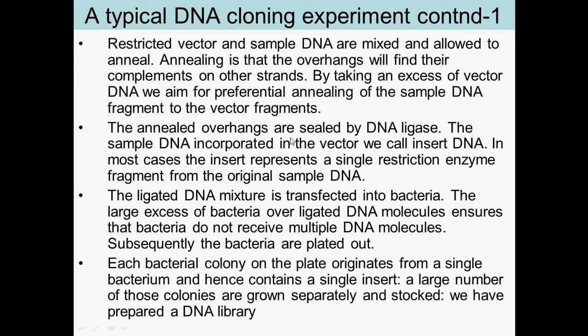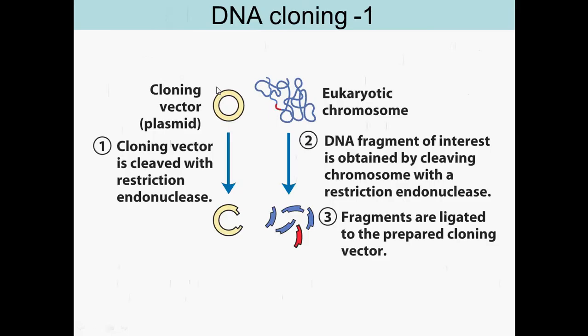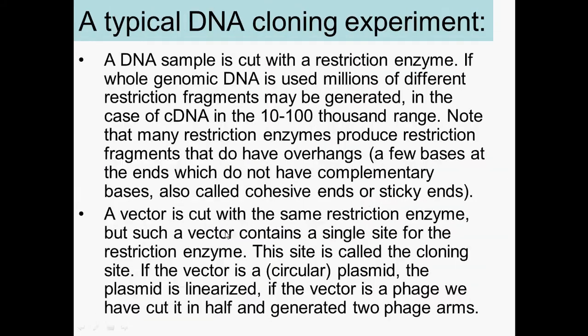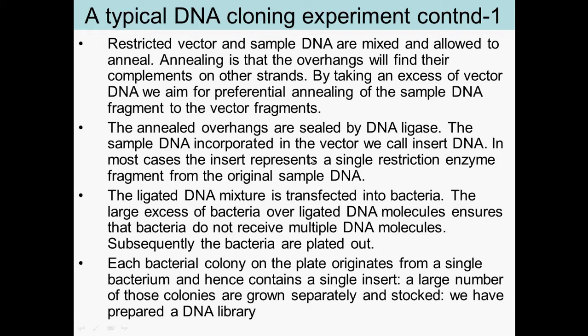The sample DNA incorporated we call insert DNA. So this part over here is called the insert DNA. In most cases, it represents a single restriction fragment from the original sample. So you just use one restriction enzyme. The ligated DNA mixture is transfected into bacteria.